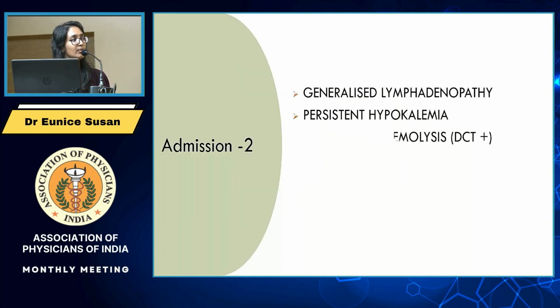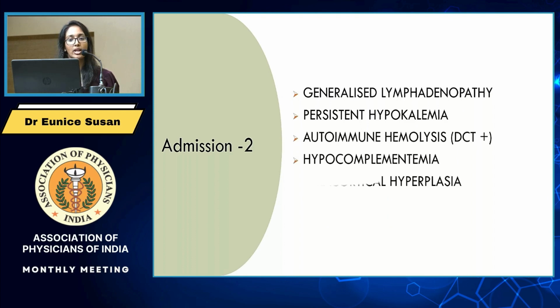Another few things that were in our mind at this time were the generalized lymphadenopathy, the persistent hypokalemia, autoimmune hemolysis given by the DCT positivity, the hypocomplementemia and paracortical hyperplasia. So we wanted to consider a possible systemic lupus erythematosus also.